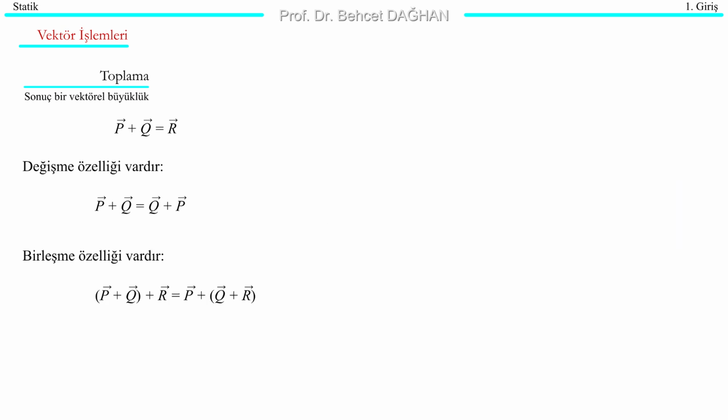There is also the associative property in the addition process. When adding three vectors, adding P and Q first and adding R to the end gives the same result as adding Q and R first and adding them to the end of P. Let's do the operation. Let's add P and Q first. Let's find P plus Q. We see from the figure.